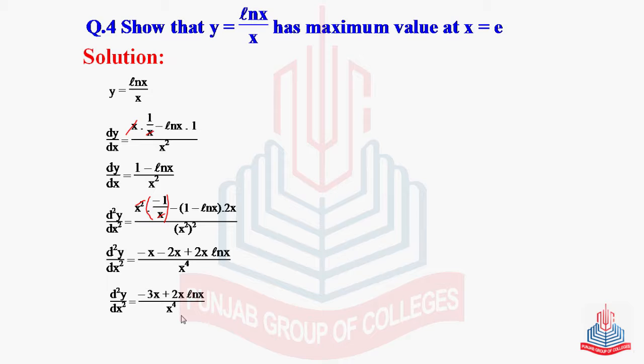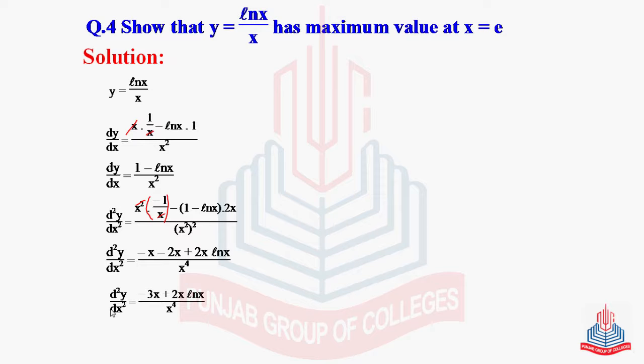We just have to show that this function has maximum value at x is equal to e. By repeating the same procedure, we first find first derivative, then second derivative, and now put first derivative equal to 0 and find the value of x.